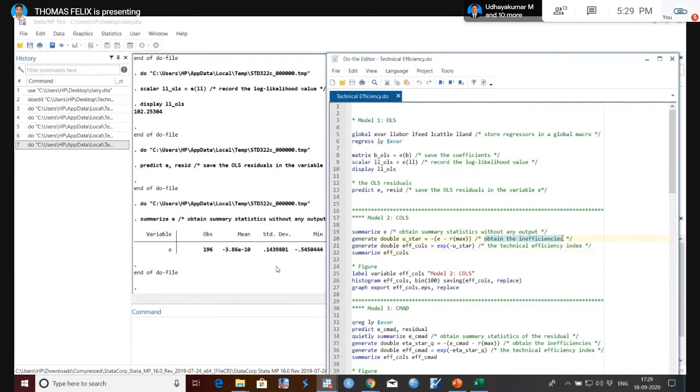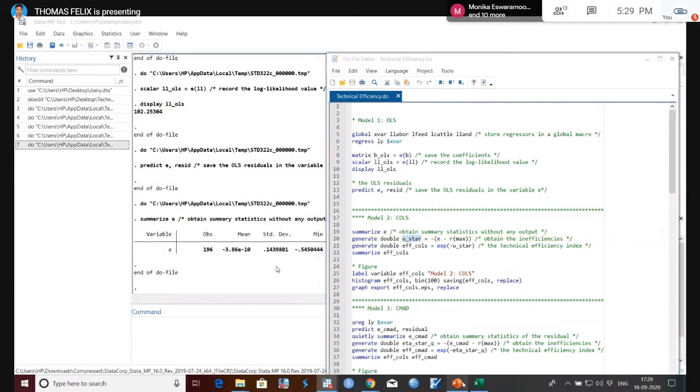To obtain the inefficiency, I generate u star equal to the maximum of the error minus e, where e is nothing but the error. By subtracting the error values from the maximum value of the error, I will get the u star.